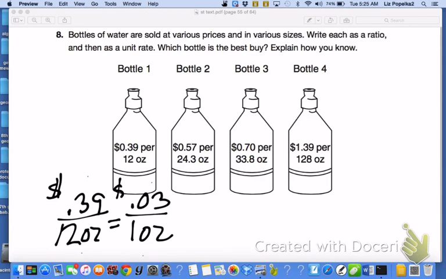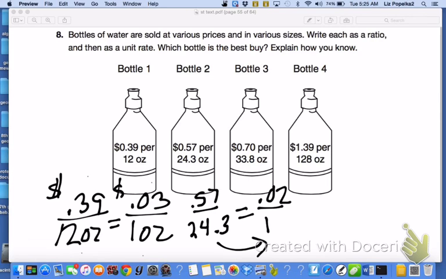Bottle number 2, it's 57 cents for 24.3 ounces. If I scale that down, so I divide by 24.3, so I've got to do 57 cents divided by 24.3. Man, these decimals stink, don't they? So if I round that, it's going to be about 0.02, so 2 cents per ounce. So again, this is bottle 2.